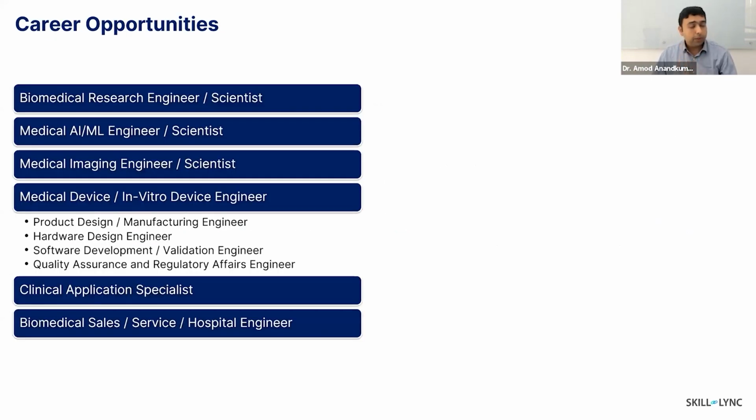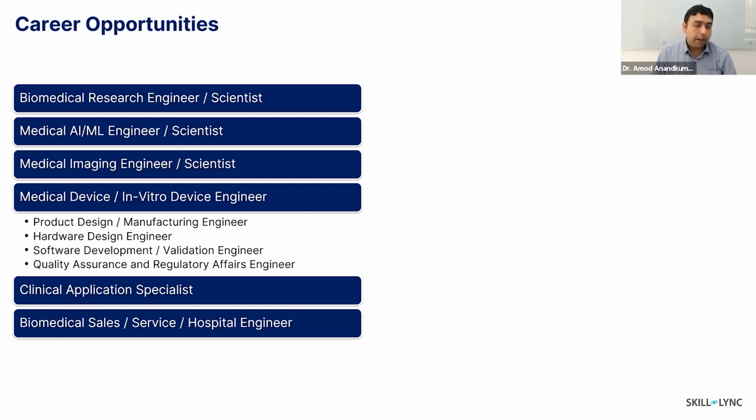And what might be some of the career opportunities for students completing these programs? Here are some of the titles that students can aspire to. So if someone has a very strong research mindset and very strong technical background, then they can aspire to enter the research career as a biomedical research engineer or scientist.